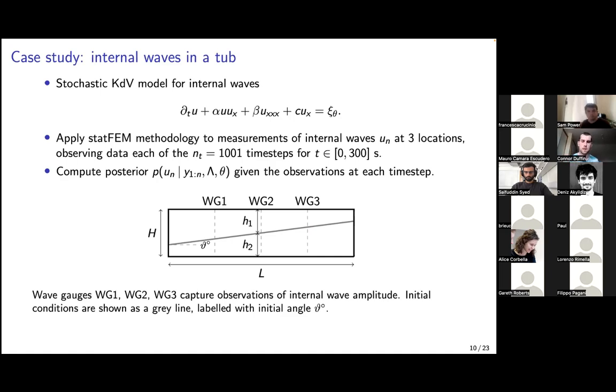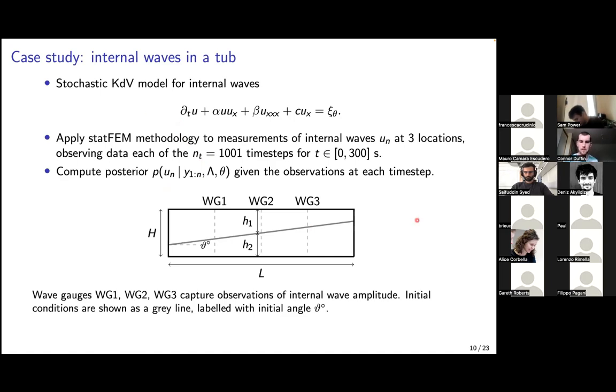So we have relatively high frequency measurements in time but spatially sparse in space, and we want to see if we can combine that data with a FEM discretization of this governing PDE.